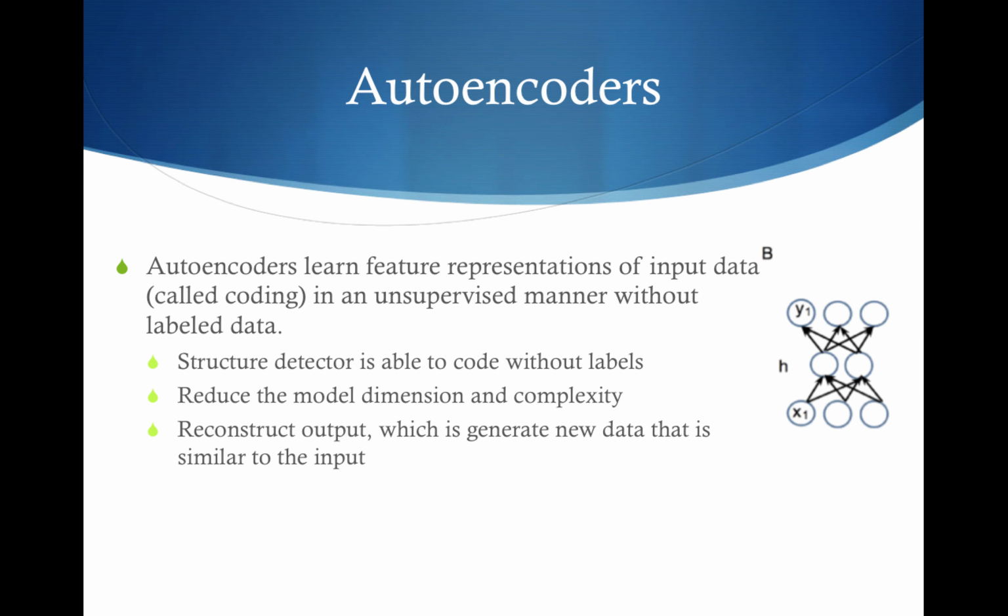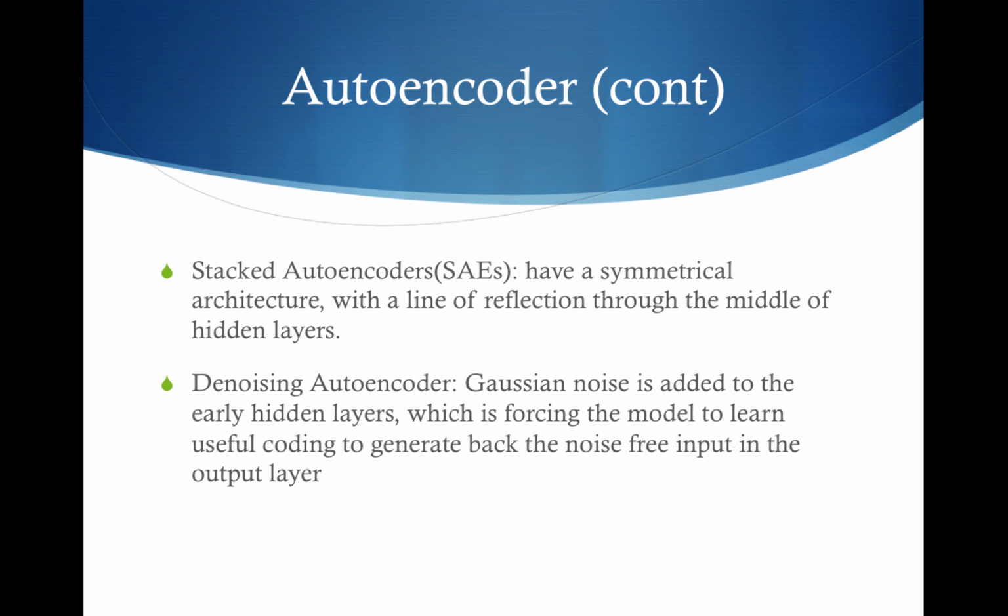One more thing is that the hidden layers of an autoencoder can be stacked like CNN, which comes up to two types of autoencoder: the stacked and the denoising. A stacked autoencoder has a symmetrical architecture with a line of reflection at the middle hidden layer.